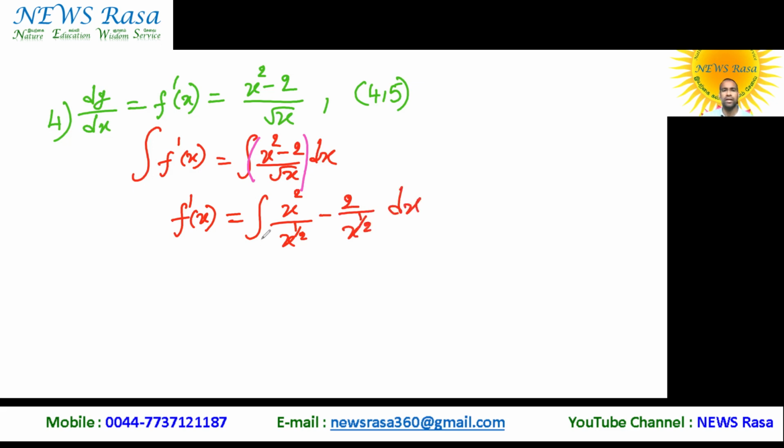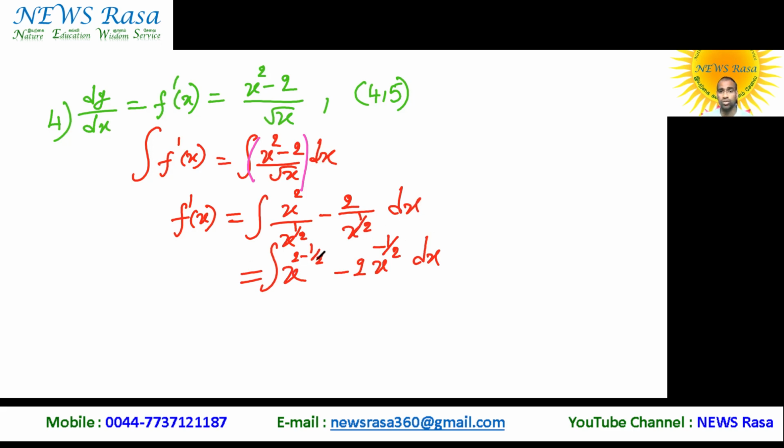Then I have to bring them all to the numerator. So x squared divided by x to the power half would be what? x to the power of 2 minus half, minus 2, and then x to the power of minus half. Why? Because when you bring the denominator to the numerator and the bases are the same, the powers are subtracted.